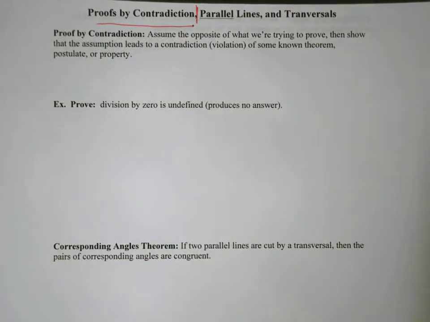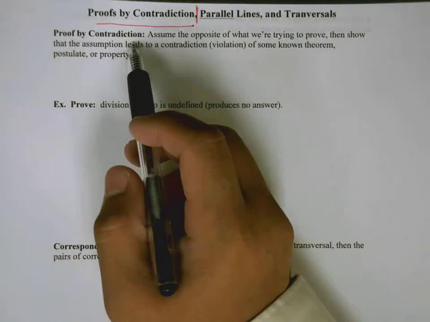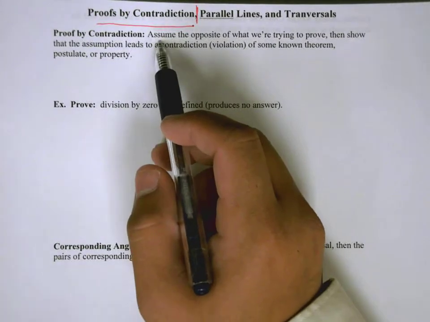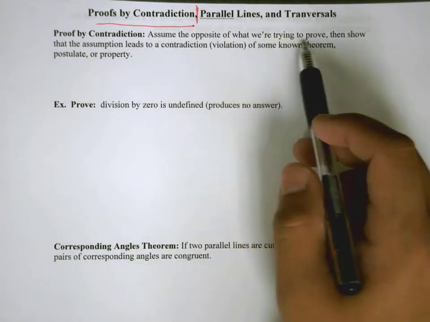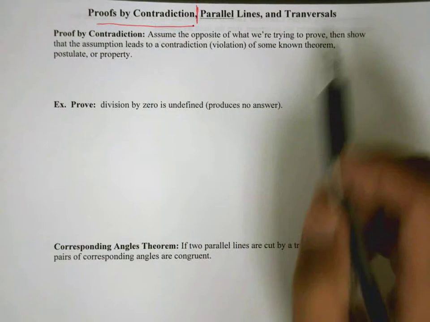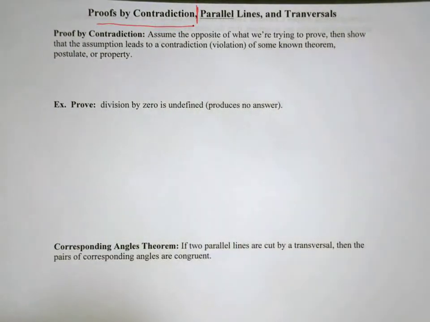It says a proof by contradiction. It's a proof, but we assume the opposite of what we're trying to prove, and then show that the assumption leads to a contradiction or a violation of some known theorem, postulate, or property. So instead of proving something is true directly using postulates and theorems and properties that we know, we assume the opposite of what we're trying to show and then demonstrate how the opposite thing is false, therefore the original thing must be true.